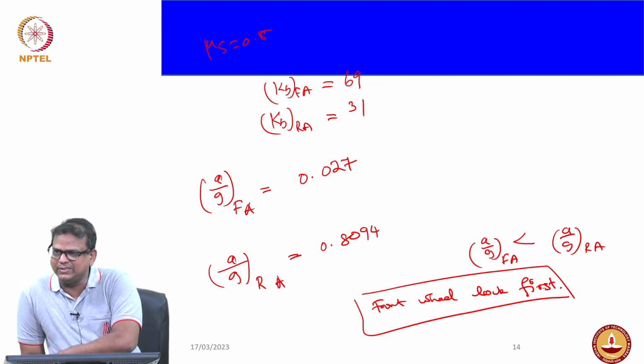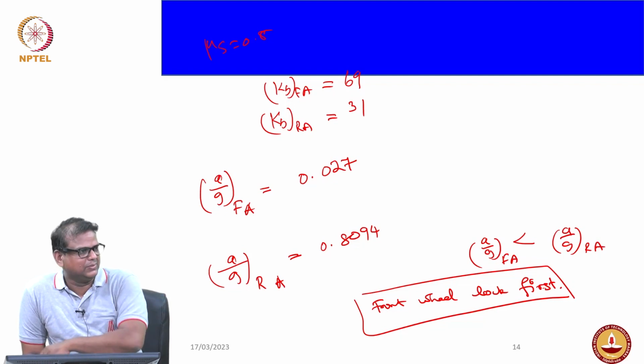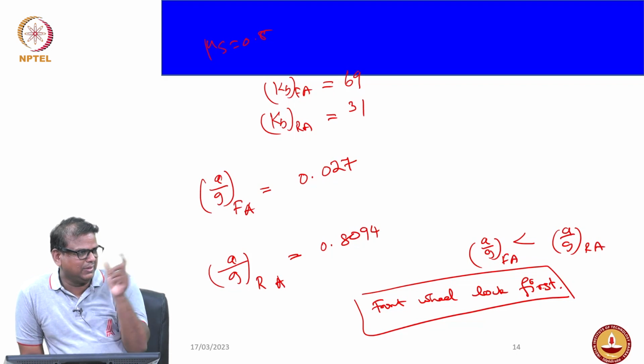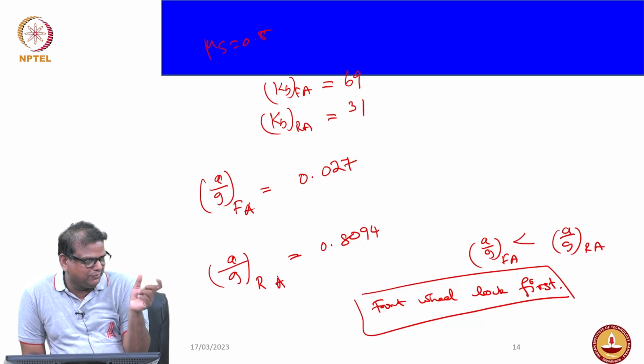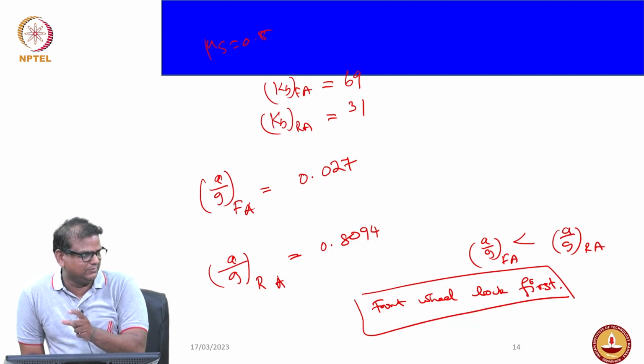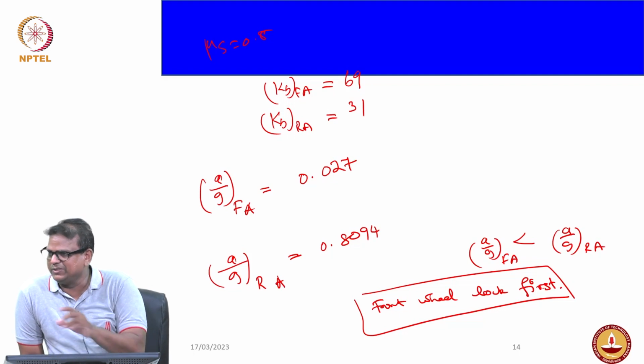In both cases, the front will lock first. So any recommendation do you want to give? Because it is clearly mentioned loss of directional stability, it is satisfied, right? No need to give any recommendation. So this proportion is fine.